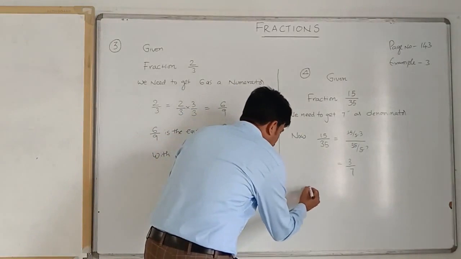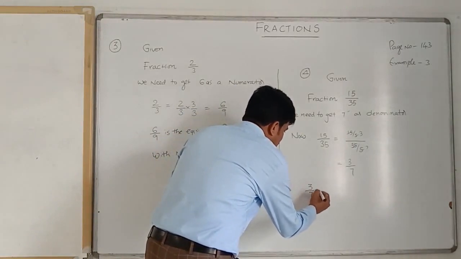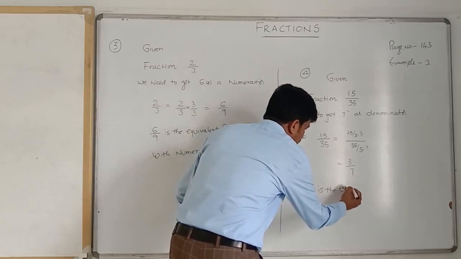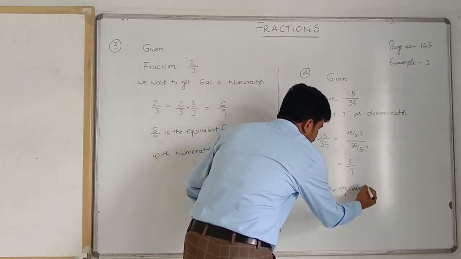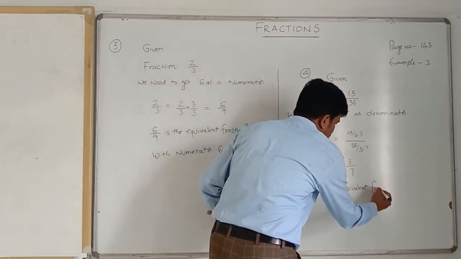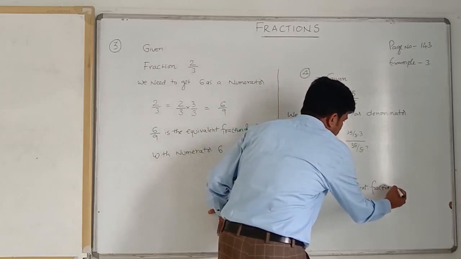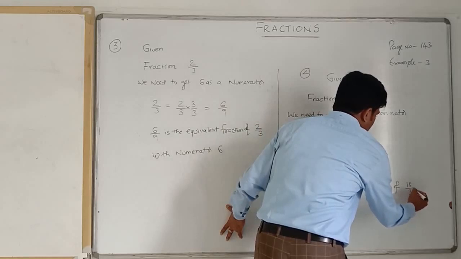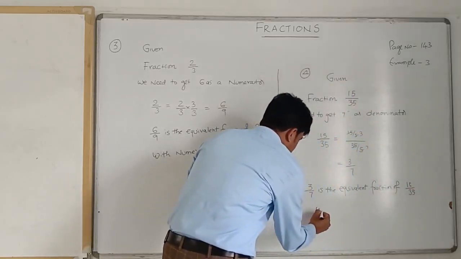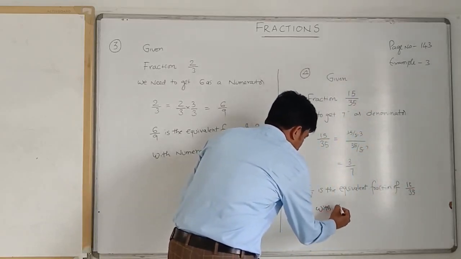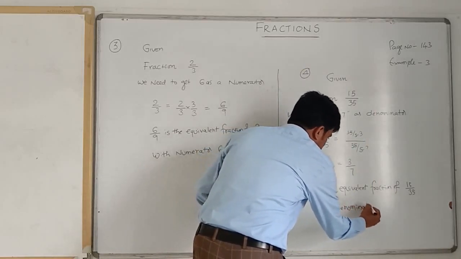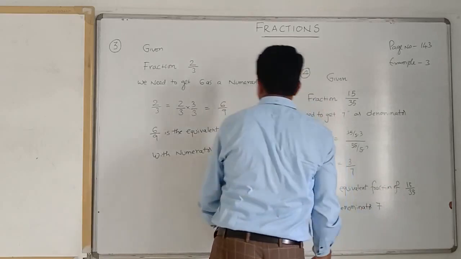Therefore, 3 by 7 is the equivalent fraction of 15 by 35 with the denominator 7.